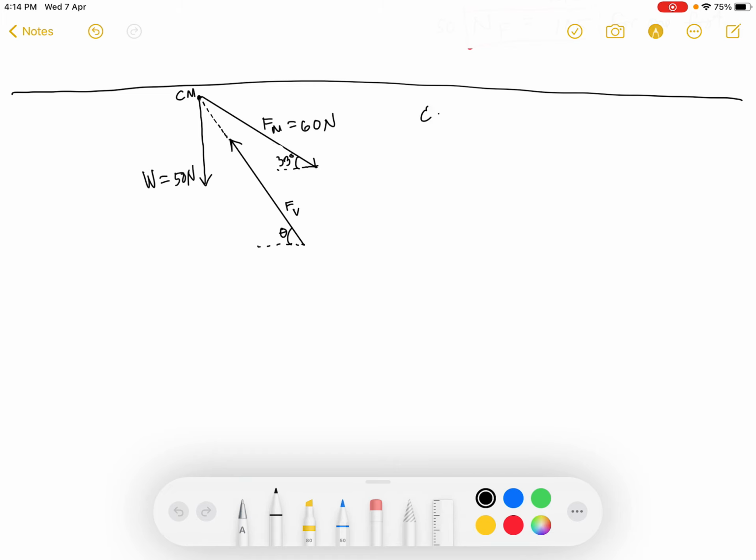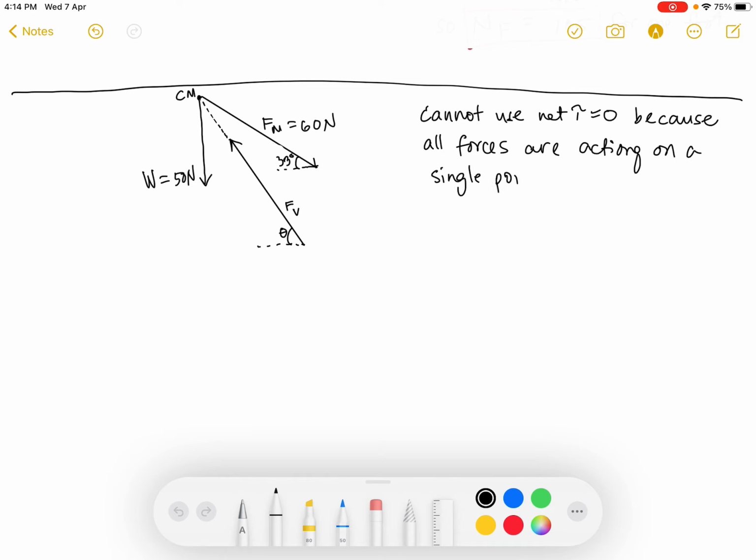All right, so as I've mentioned earlier, we cannot use net torque is equal to 0 because all forces are acting on a single point, which is the center of mass.